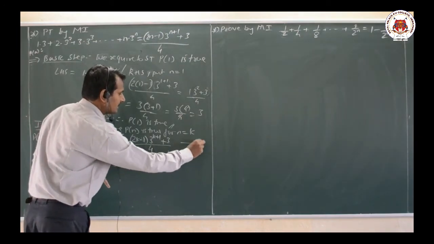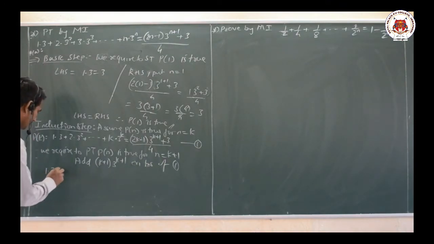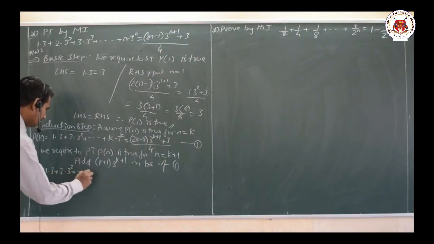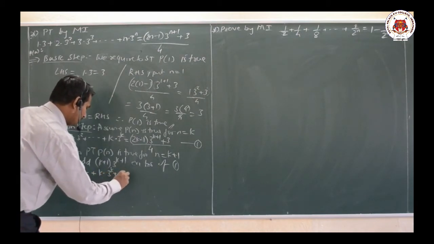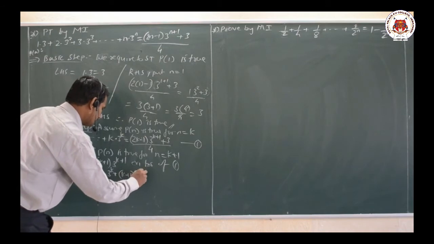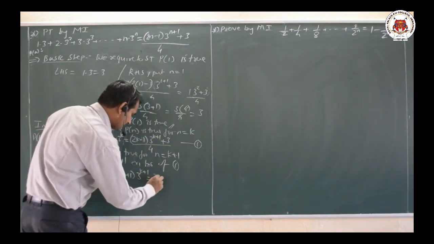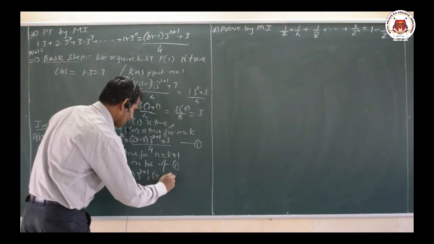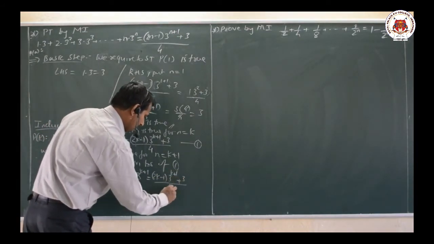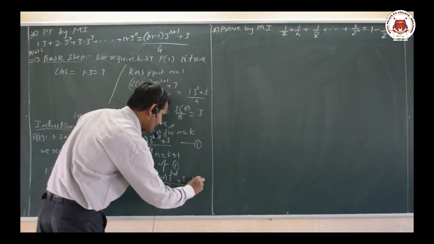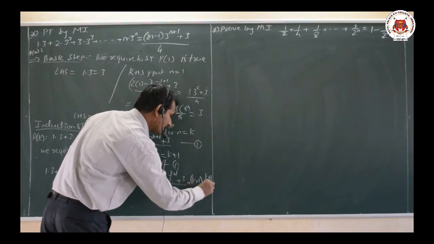Now what we get is 1 into 3 plus 2 into 3 square plus k into 3 raised to k plus k plus 1 into 3 raised to k plus 1, equal to 2k minus 1, 3 raised to k plus 1 plus 3, whole divided by 4, plus k plus 1 into 3 to the power of k plus 1.